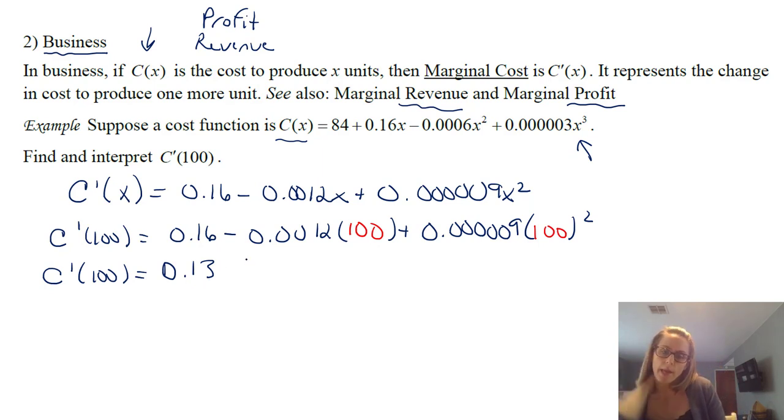And the idea behind this is that that is money. And so it's really saying that that's a positive, so an increase of 13 cents per item when 100 items are being produced.